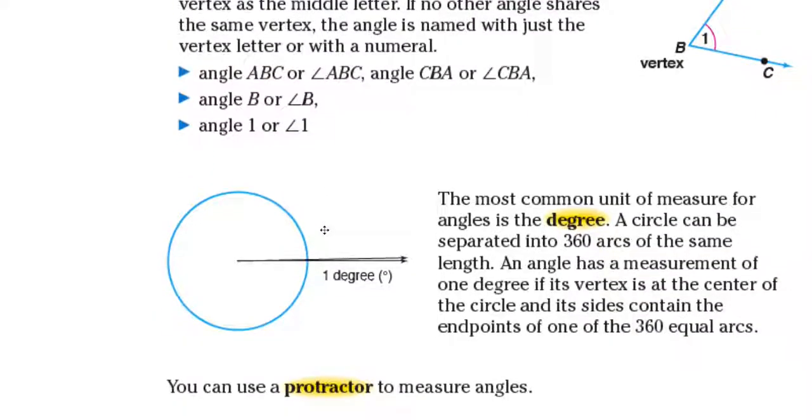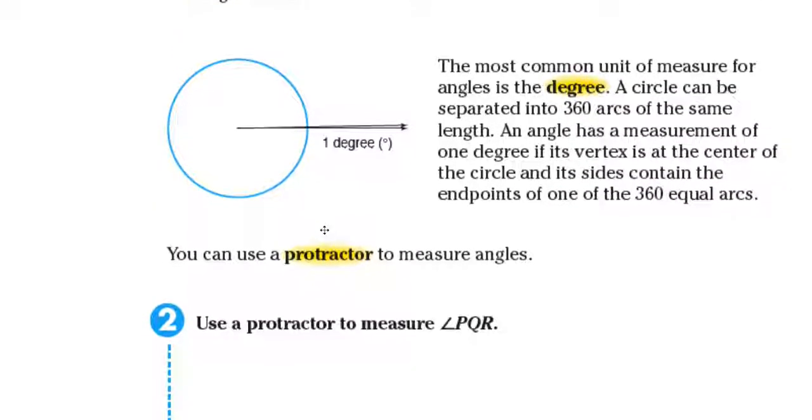So the most common unit of measure for angles is the degree. A circle can be separated into 360 arcs of the same length. An angle has a measurement of 1 degree if its vertex is at the center of the circle and its sides contain the endpoints of one of the 360 equal arcs.